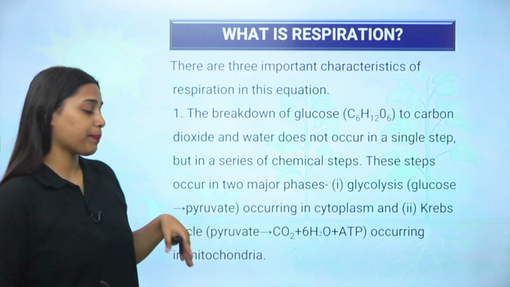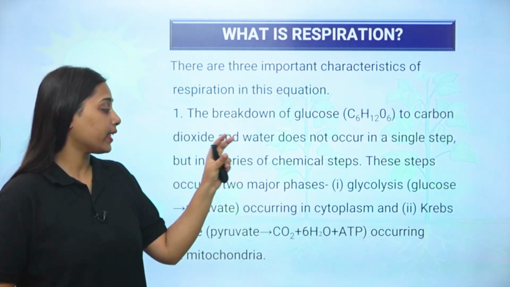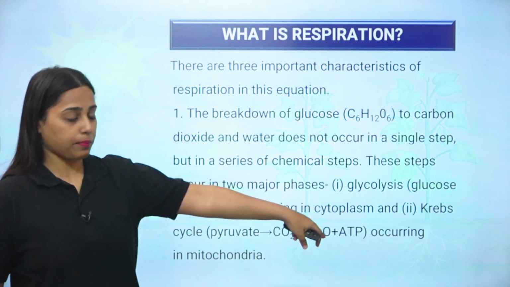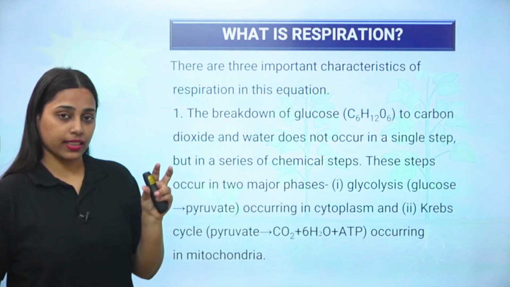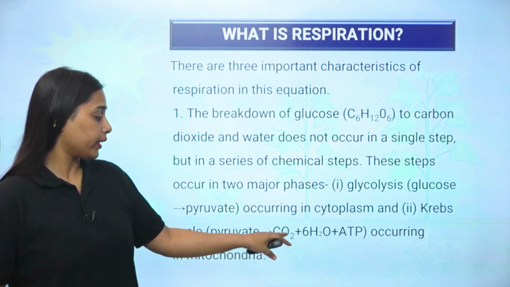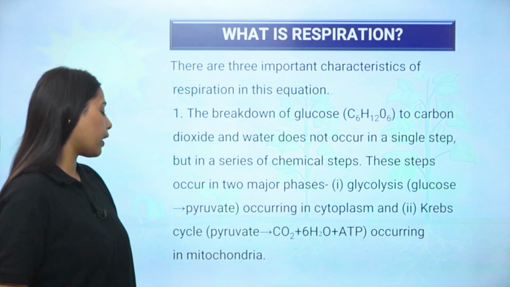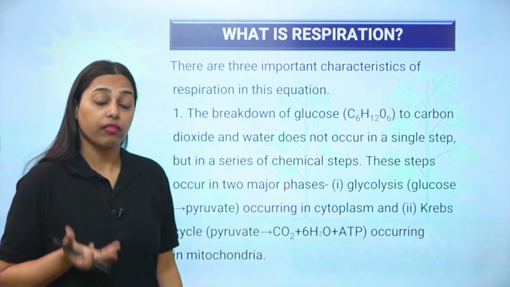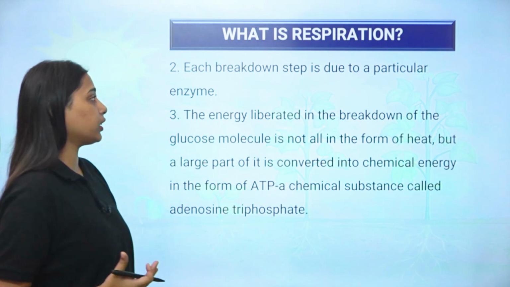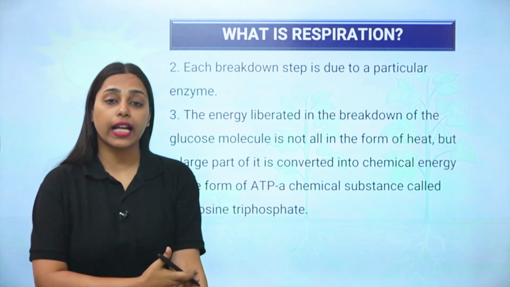But before that, pyruvate is also converted into acetyl coenzyme A, then it enters the Krebs cycle, where ultimately carbon dioxide and water molecules are formed and ATP energy is released, occurring in the mitochondria of the cell. Mitochondria of the cell is also known as the powerhouse of the cell because it generates energy in the form of ATP. ATP full form stands for adenosine triphosphate.